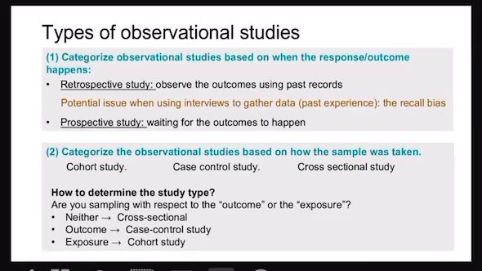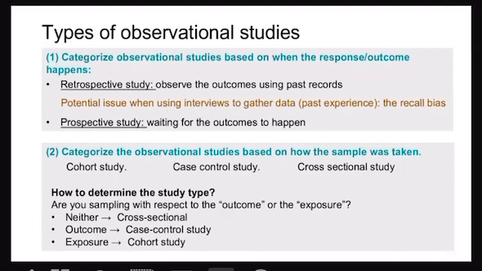Of course, using observational study, you actually just want to observe. Probably you want to conduct a survey to get information about what has happened, and of course, sample is going to be involved.